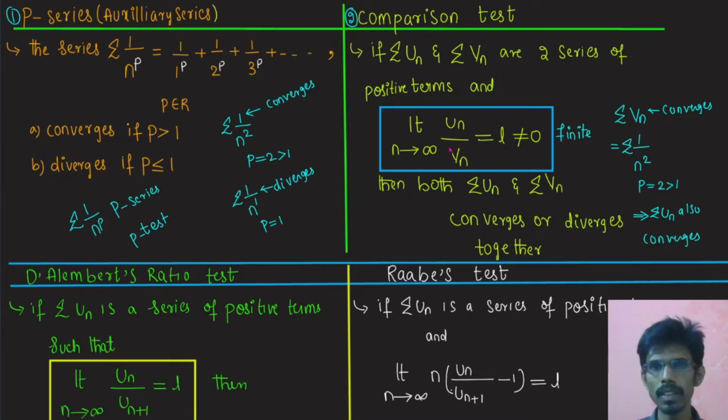So the steps are: first find the ratio un by vn and apply the limit. If that value is non-zero, then we see whether vn is converging or diverging. Based on vn's convergence or divergence, we say un converges or diverges. That is the second test.